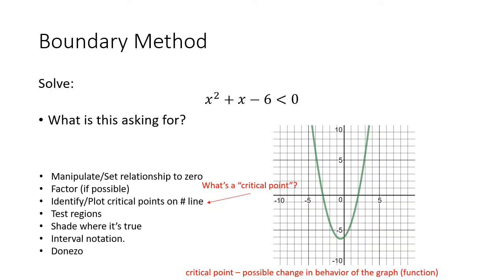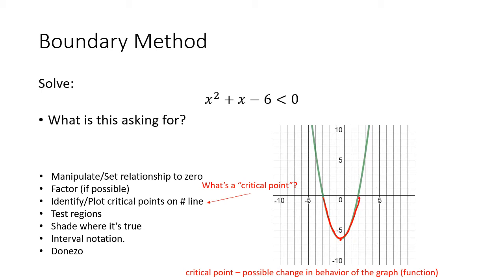So looking at a little more complicated example here, if I had this inequality, x squared plus x minus 6 is less than 0, first of all, you should be able to graph that. That's just a parabola, and its vertex is right here. So if this is asking when is that quadratic, when is that parabola less than 0, it's talking about when is it negative, when is it under 0?